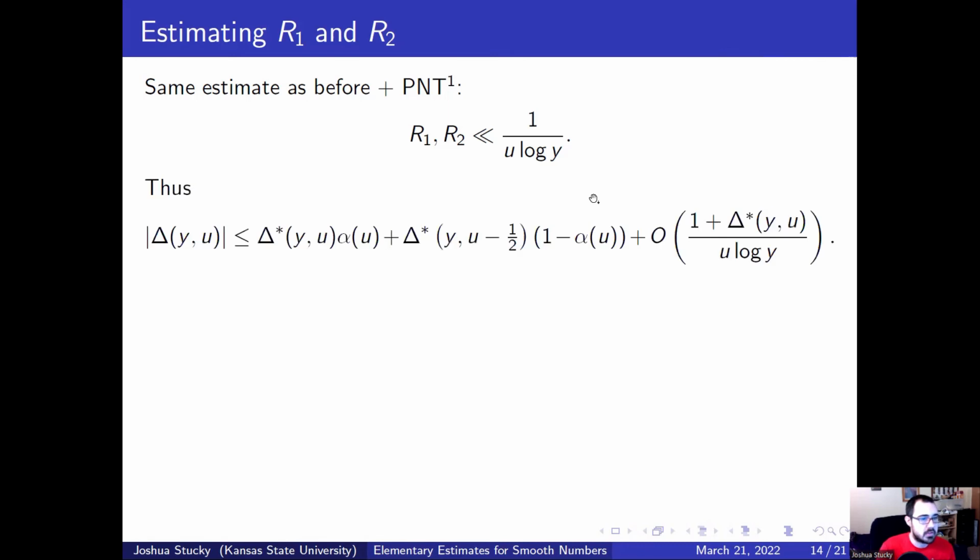So let's simplify what we had before. My error term is bounded by this expression here. So my delta of yu is bounded by delta star of yu in this alpha, and then a similar sort of thing, but shifted back by a half. And then my error term is just 1 plus delta star over u log y.